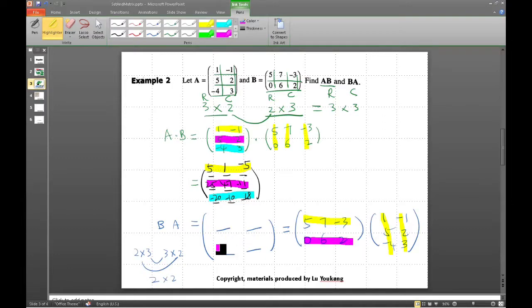As you can see, I have already highlighted it in the matrices. So 5, 2 and 0 should come from the first row of matrix B, and the second row of the multiplication result should come from the second row of matrix B.